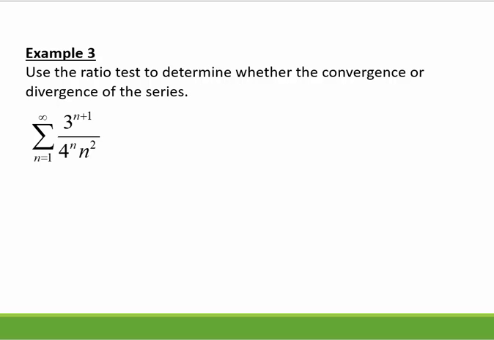Okay, another one. So again, I take the limit as n goes to infinity of 3 to the n plus 2 all over 4 to the n plus 1 times the quantity n plus 1 squared. Now, I take the reciprocal of the bottom.